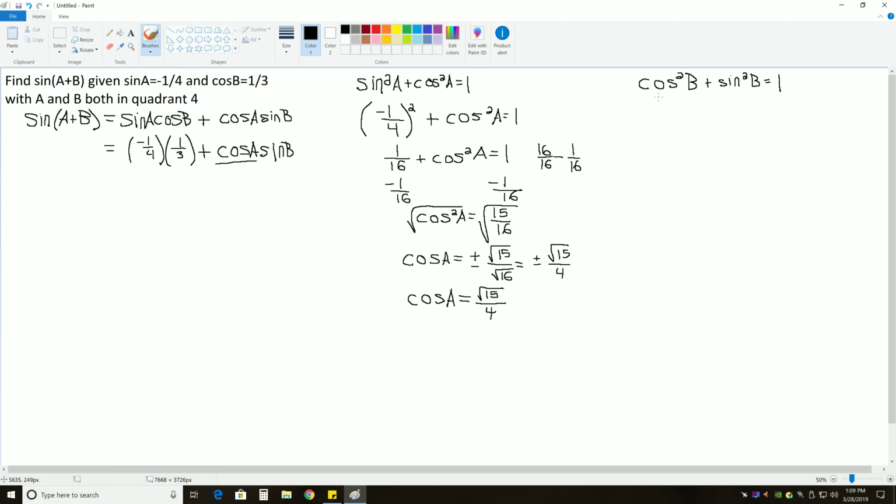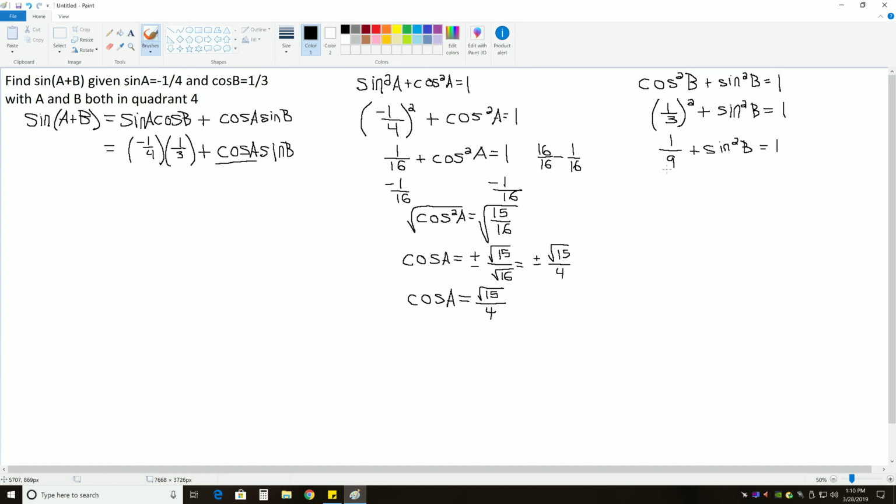We can plug in cosine b to get the quantity of 1/3 squared plus sine squared b is equal to 1. From here, 1/3 squared is 1/3 times 1/3. That just gives us 1/9 plus sine squared b equals 1.